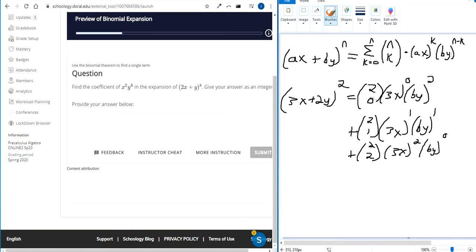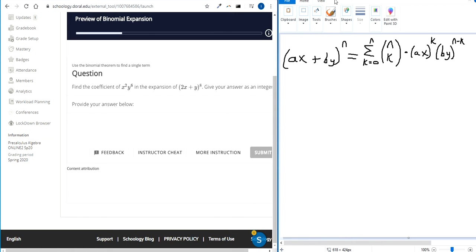And once you simplify these, you can find the coefficients with the combination formula we just did. Once you simplify these, then you have the full expansion without actually having to go through and do all that multiplying. I just used a small number, but you can see how this formula could be useful if you have something like k equals 500, right? That way you don't want to multiply all those parentheses.